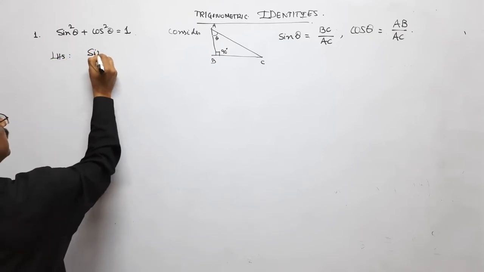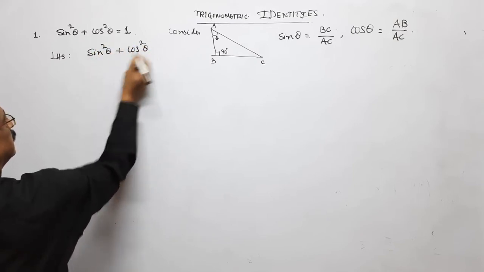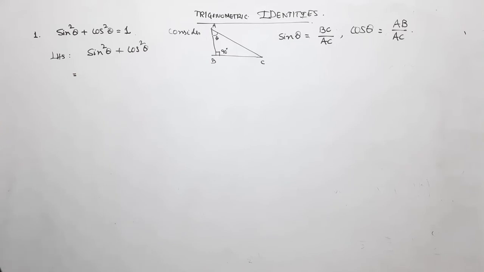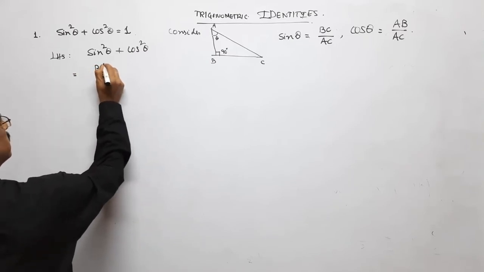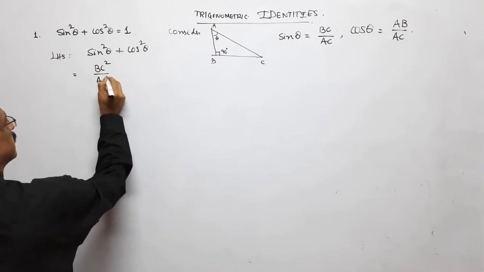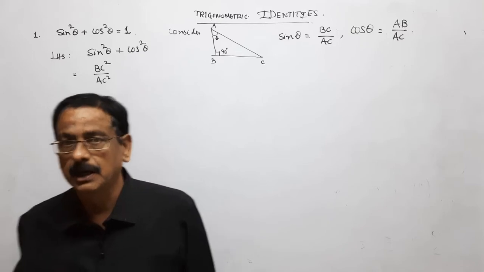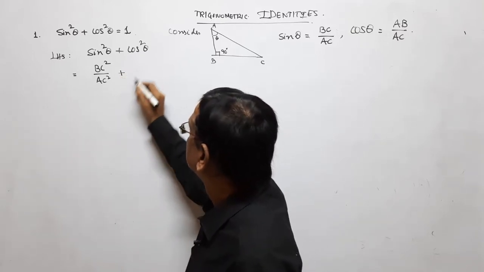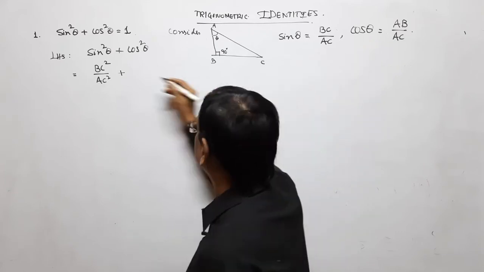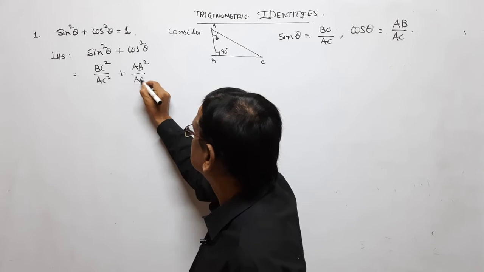That means sine square theta plus cos square theta, which is equal to sine theta is BC by AC, so it is BC square by AC square. Remember, BC square means BC into BC. Similarly, AC square is AC into AC plus, what is cos theta? AB by AC, so AB square by AC square.